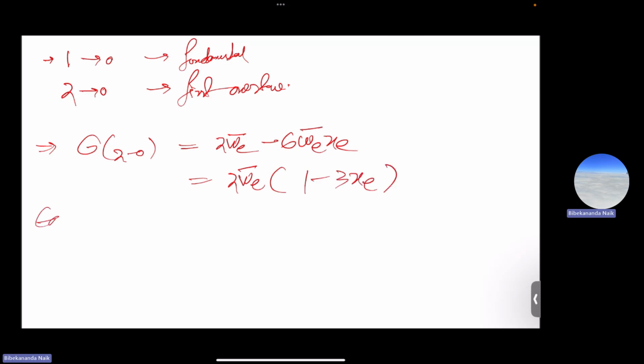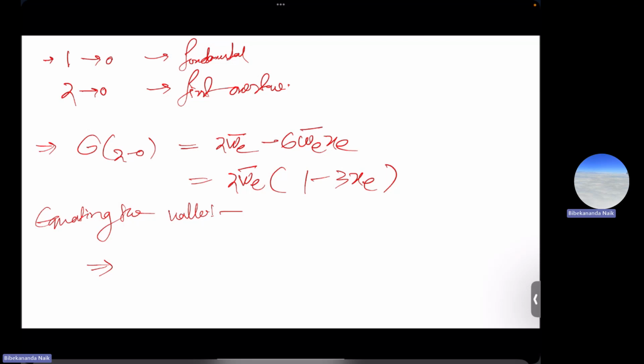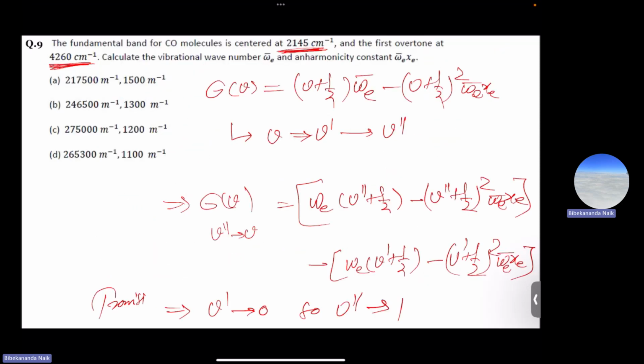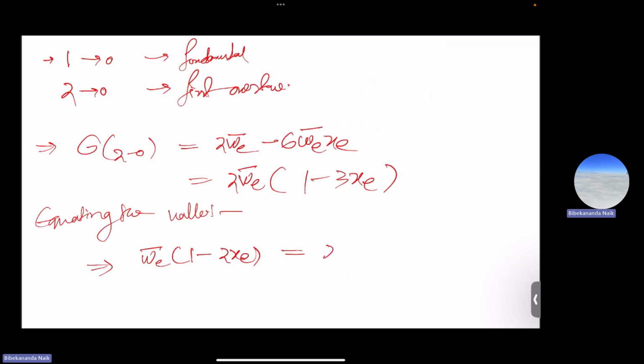So equating the values, we will get omega E bar into 1 minus 2 xc is equal to 2145 centimeter inverse.